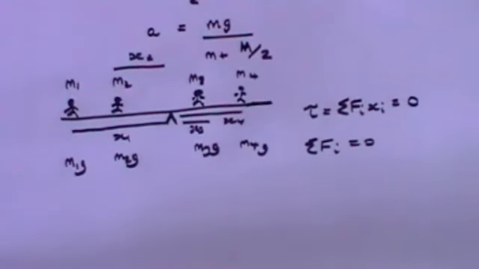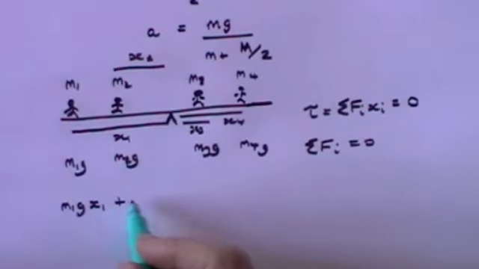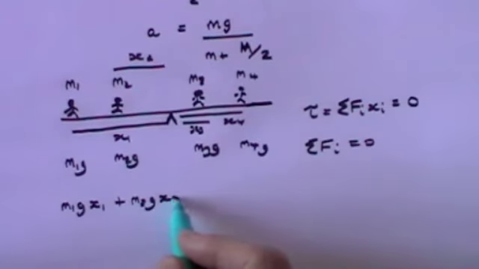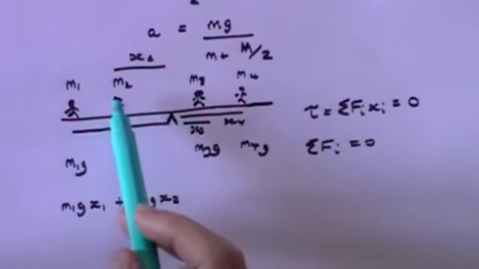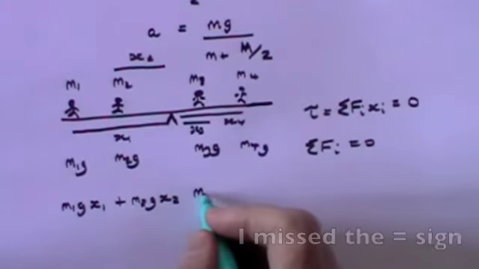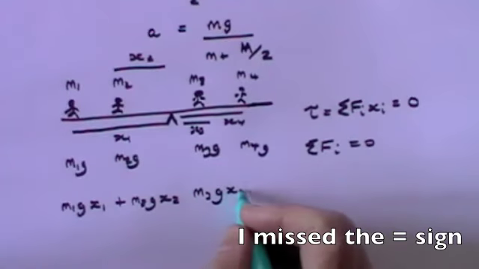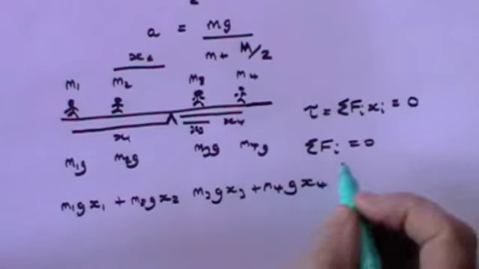So consequently, if the torque is 0, we can say that m1g times x1 plus m2g times x2, which is these two forces, force times distance, is balanced by the other side, m3g times x3 plus m4g times x4.